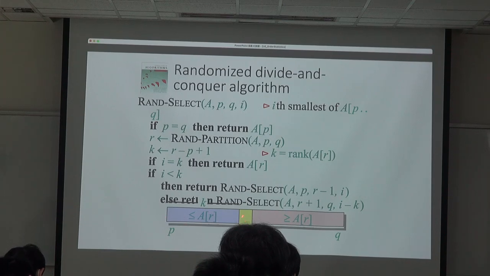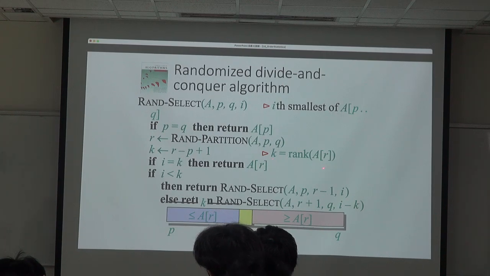Then it's going to hold the 10 minus 5 plus 1, the 6th smallest number in here. So R minus P plus 1 indicates the rank of your pivot in this index range.